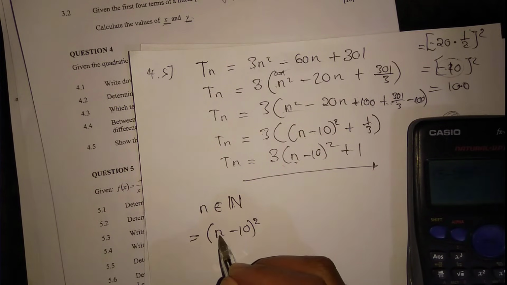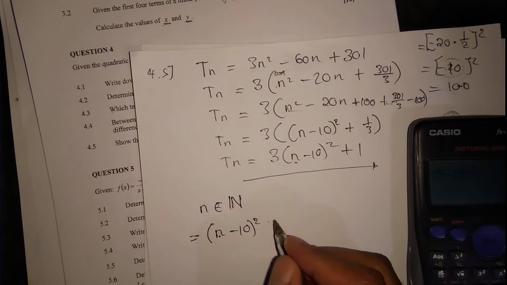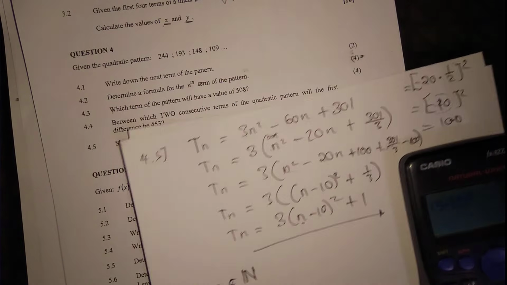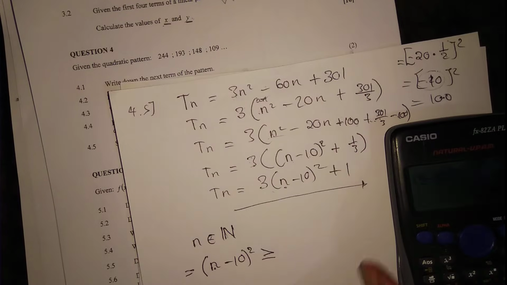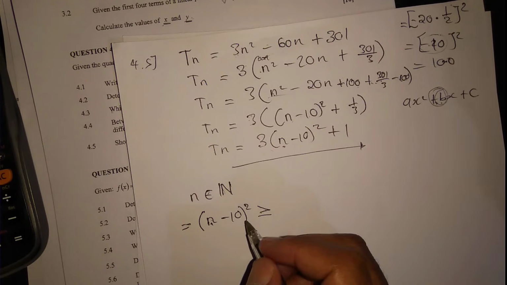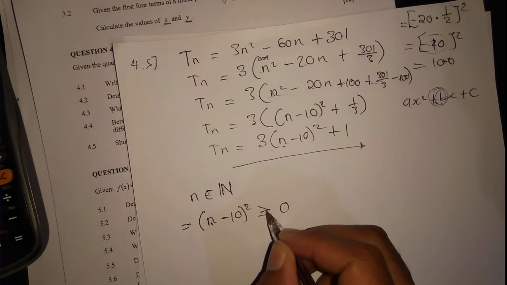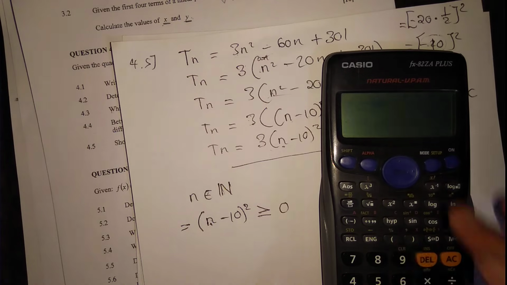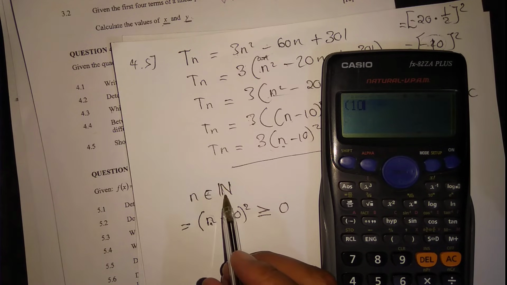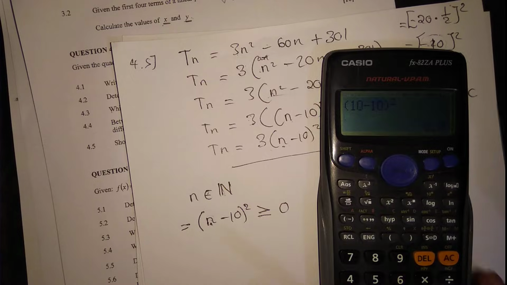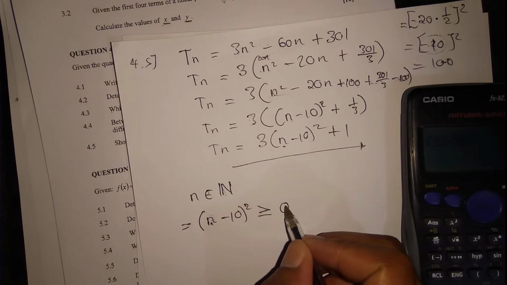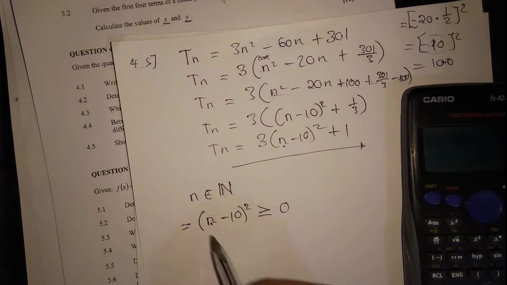Whatever number you put in for n, you get a positive number, so it will be greater than or equal to 0. Why equal to 0? If you substitute 10 as your value of n, which is also a natural number, you get 0. So the value is greater than or equal to 0.